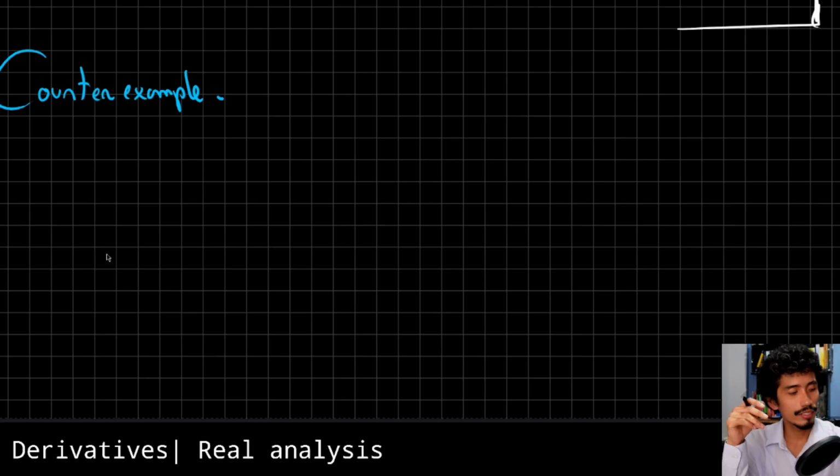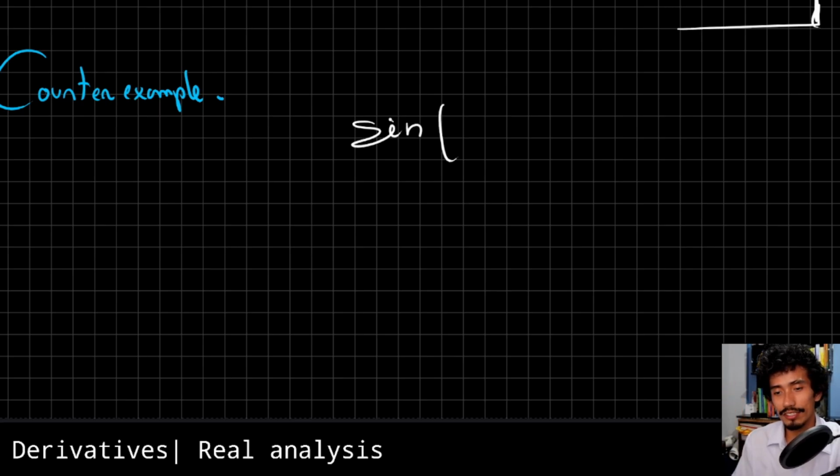When we are working with counterexamples in real analysis, we usually call this function sine of the inverse of x. So this is kind of our best friend in counterexamples.